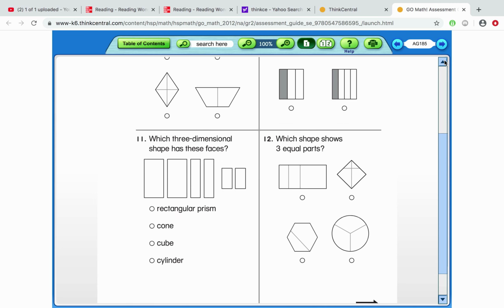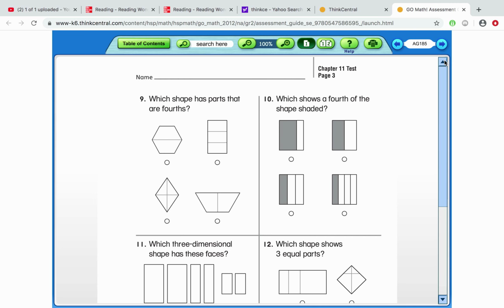Moving on to number 9. Which shape has parts that are fourths? Okay, think about that word fourths that we learned earlier from our friend Mrs. Friesner. Fourths are 4 equal parts. So look and see which one has 4 equal parts. Draw that out.